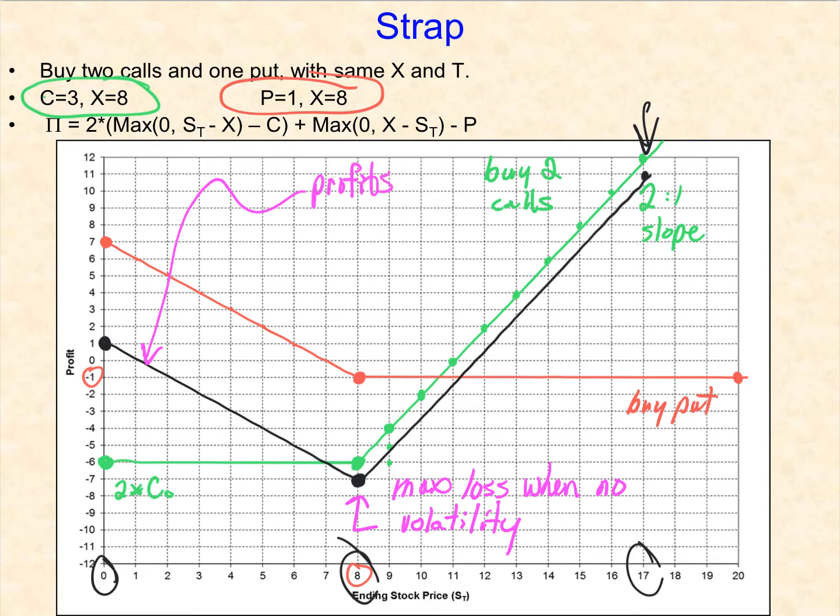But there is one big difference between this diagram and the previous one for the straddle. And that's this 2-to-1 slope on the right-hand side. That's true for both the green line and for the black line, the combined payoff, which I did not label earlier. We'll go ahead and do that now. There we go.